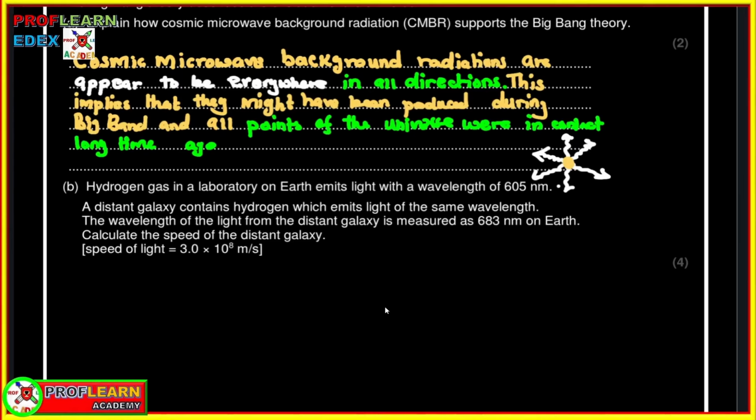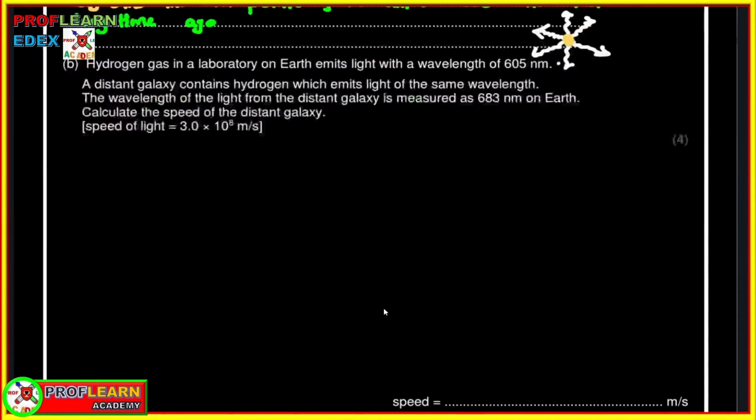According to Big Bang Theory, the universe expanded from a single dense point, and it's also expanding up to now. So if we can detect that the galaxies are moving away, it means that the universe is expanding, and that can also serve as evidence for Big Bang Theory. Another question that can arise here is determining the speed at which the galaxy is moving away, and you'll be provided with different measurements which can enable you to work that out.